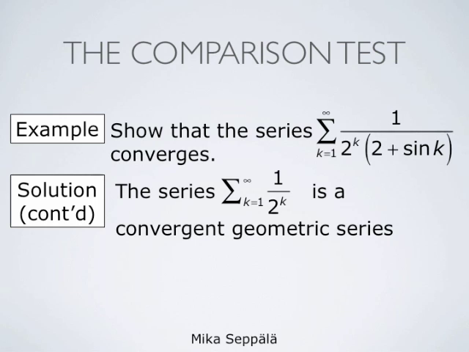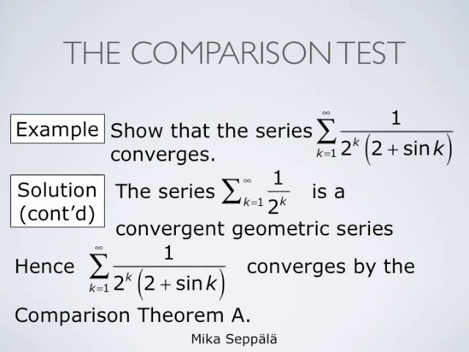And since this upper bound for the series sum k from 1 to infinity of 1 divided by 2 to the power k times (2 plus sine of k) converges, then we conclude that also this series converges by the comparison theorem A. Therefore, we have shown that this series in this example converges.